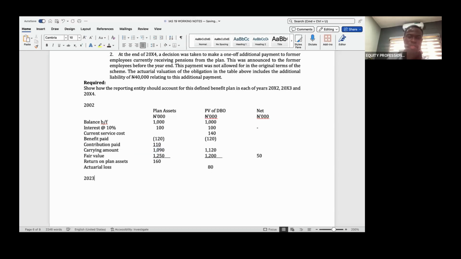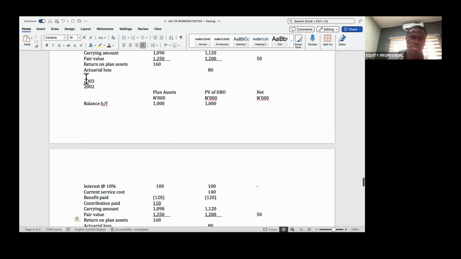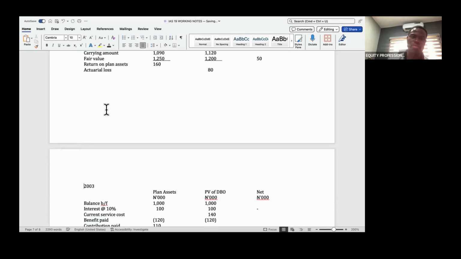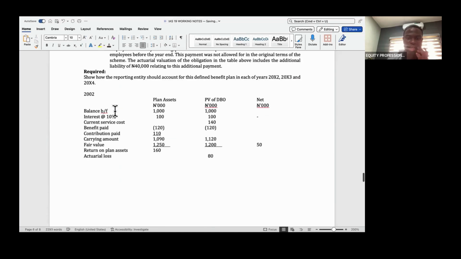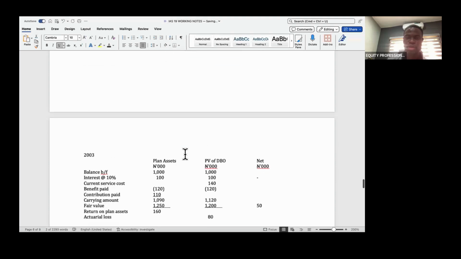Okay. In 2003, just so that I'm changing only figures, let me copy and paste this. So you know that the balance at the end of 2002 will become the balance at the beginning of 2003.